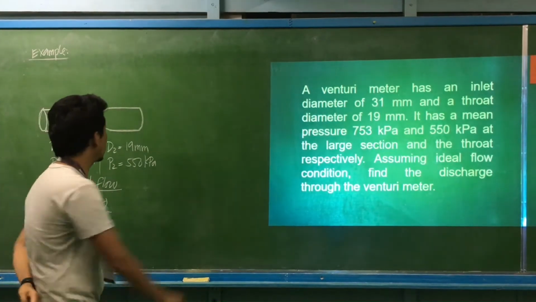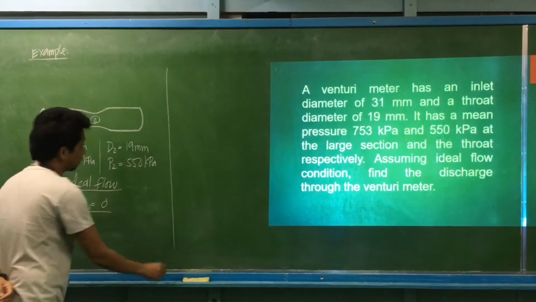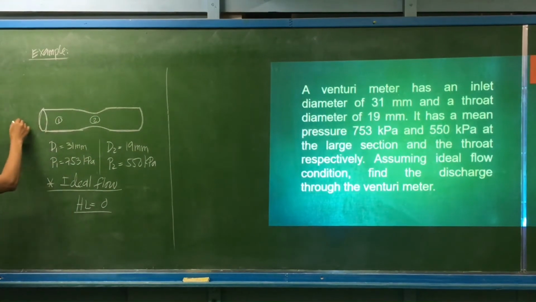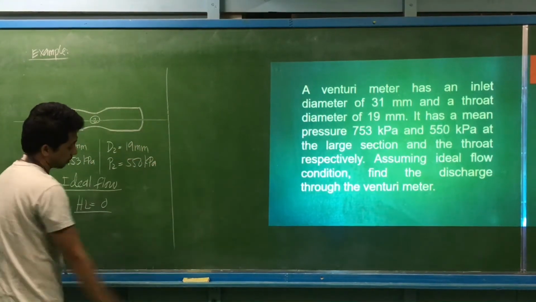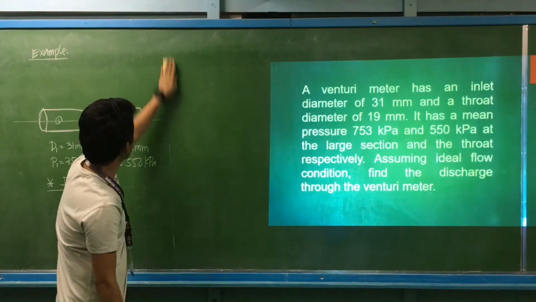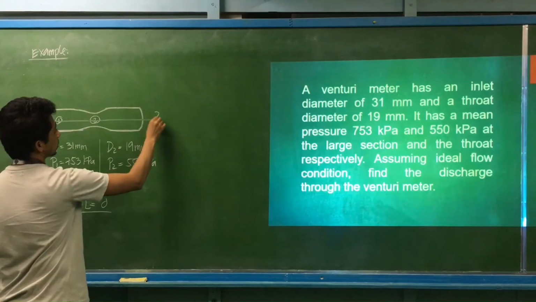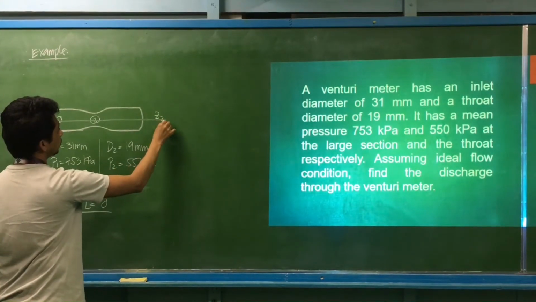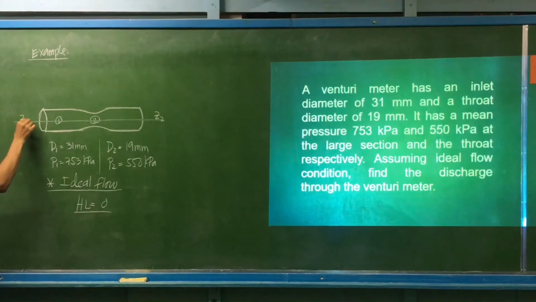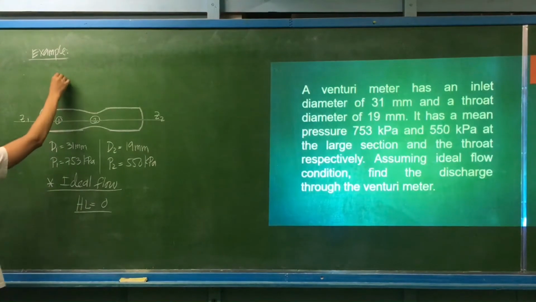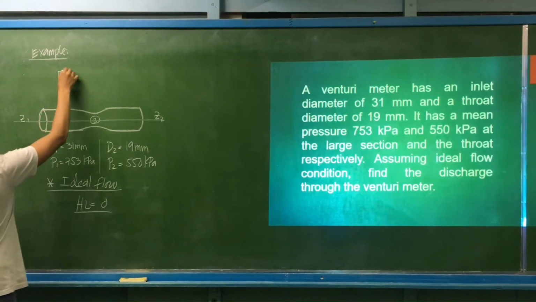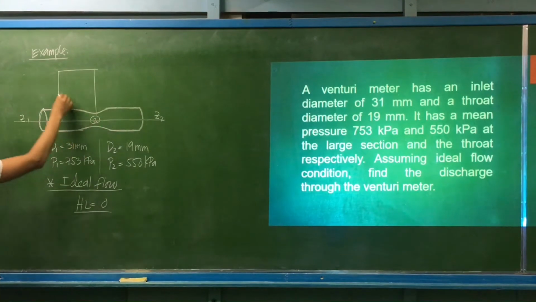Okay? So we are just to apply here Bernoulli's equation. So this is a Bernoulli's equation or the energy equation. So let's assume this is just a horizontal Bernoulli. So let's say the elevation of point 1 is just equal to the elevation of point 2. So after the elevation head, then papasok yung other heads natin.